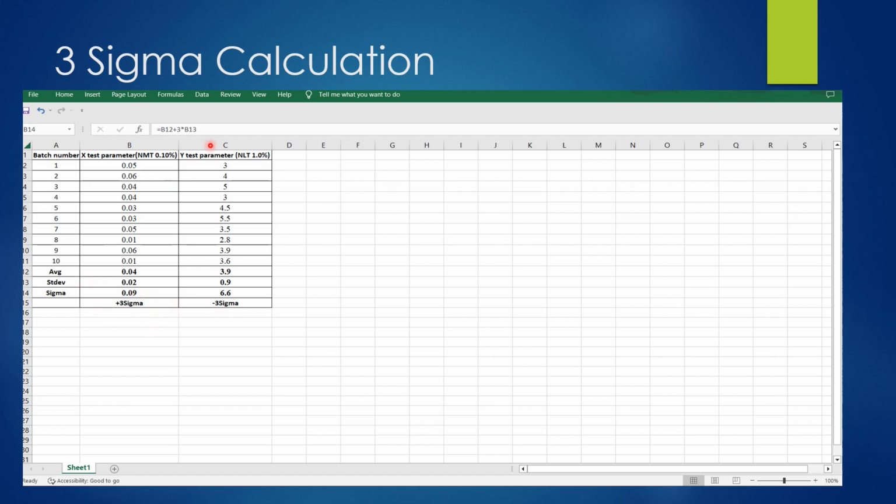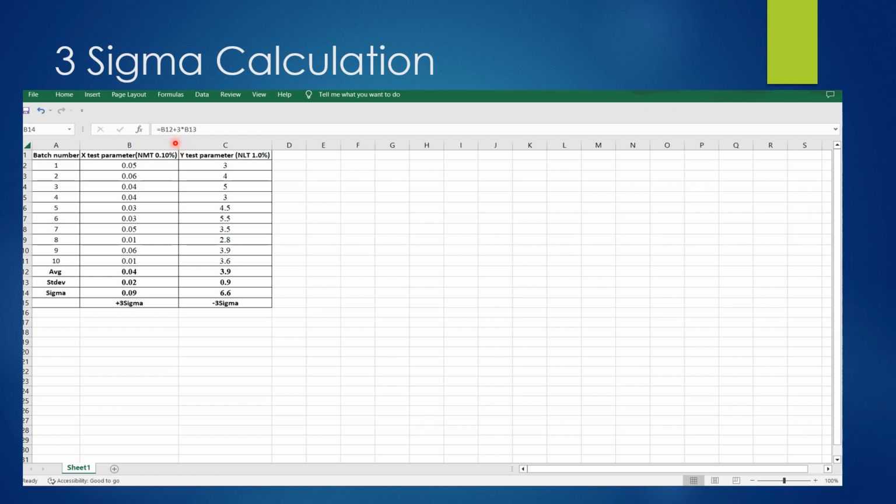So here is the formula for how we can calculate. We can select the function from here and we can get the results by clicking on average and standard deviation. So the formulas that we have seen are plus 3 sigma and minus 3 sigma. This is how I generated my value for plus 3 sigma.